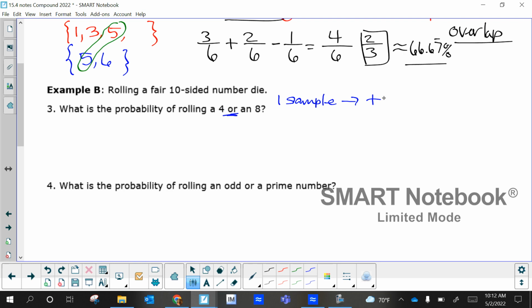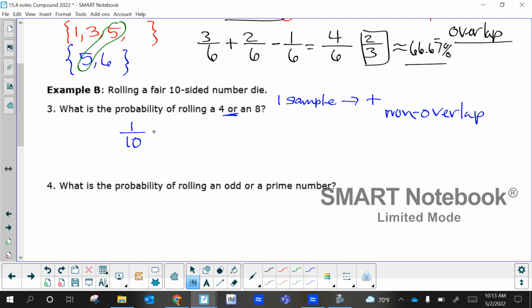So what's the probability of rolling a 4 or an 8, okay? So a 4, well, there's just one 4 on a 10-sided die. An 8 is completely different from a 4, so they have nothing in common. So this is a non-overlap, okay? Mutually exclusive. I think it's easier to say that, okay? So it's mutually exclusive.